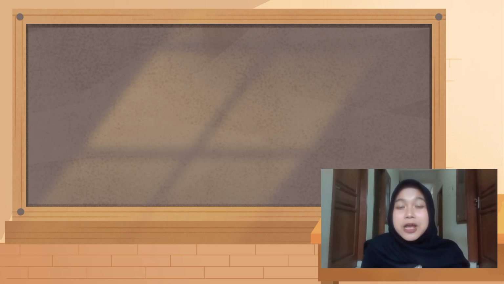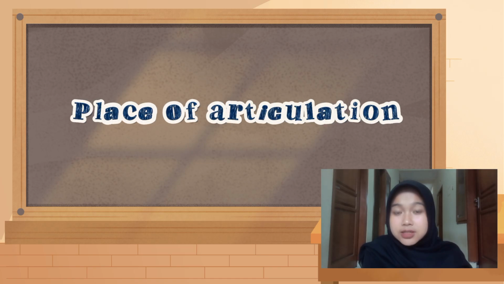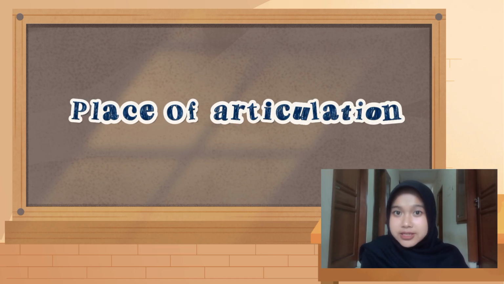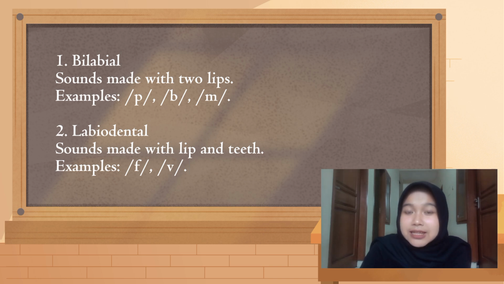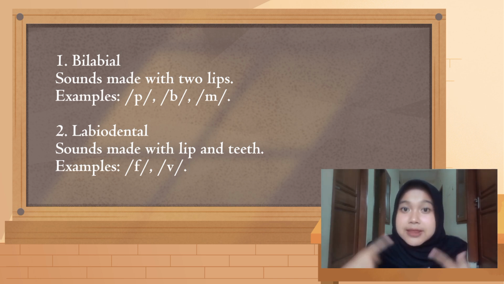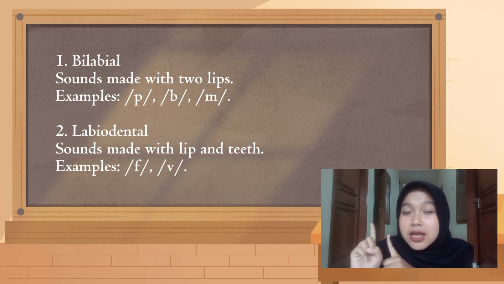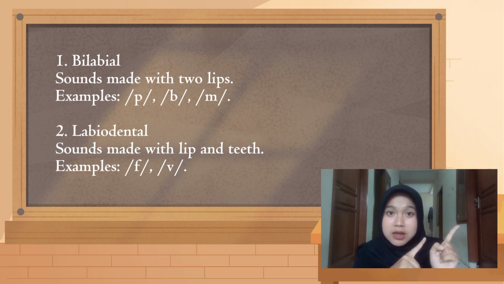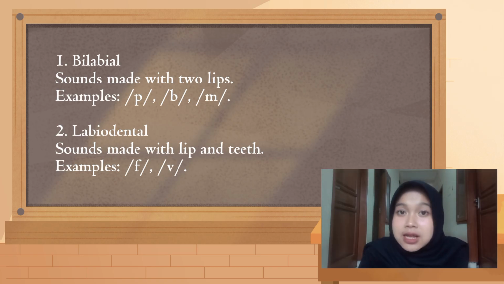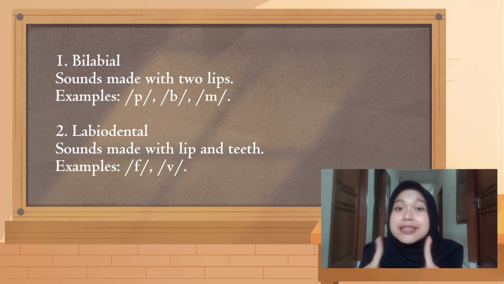Next, we will learn where the sounds are made in the mouth. This is called place of articulation. First, bilabial, sounds made with two lips. For example, second, labiodental, sounds made with the teeth and the lip.